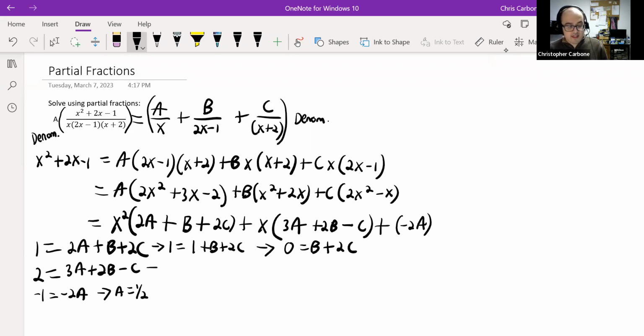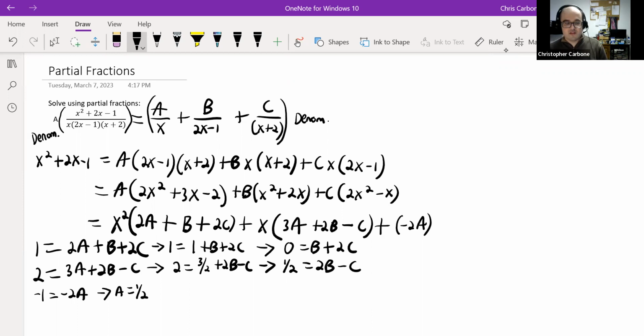And from the second one, putting in 1/2 for a, this is 2 is equal to 3/2 plus 2b minus c. Subtracting over the 3 halves, we are left with 1/2 is equal to 2b minus c, right? So from this now, we have only a system of two equations, and there is more than one way we could go about solving that.